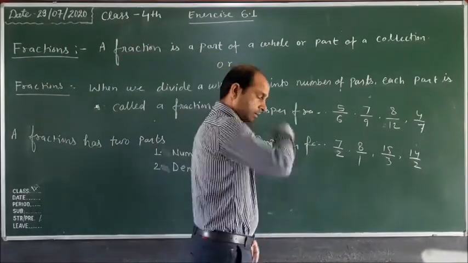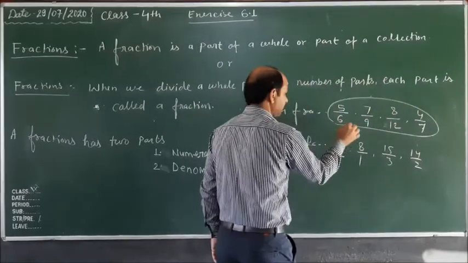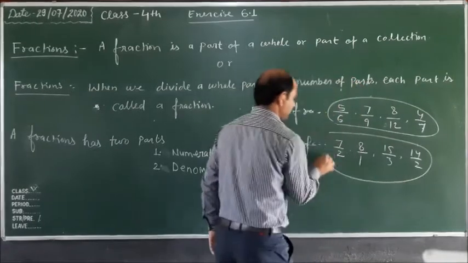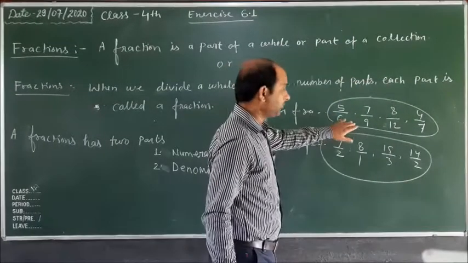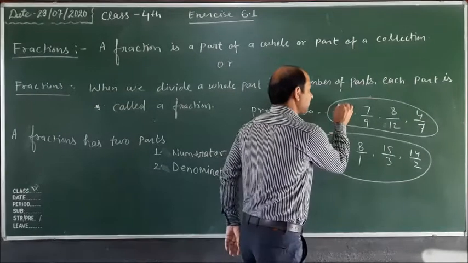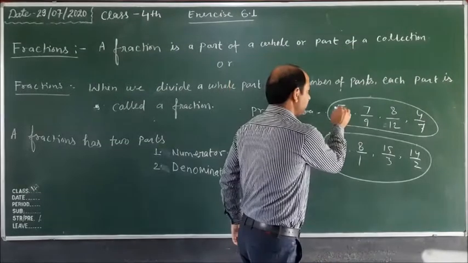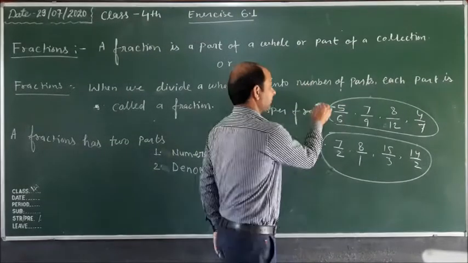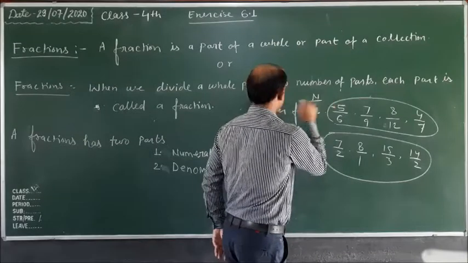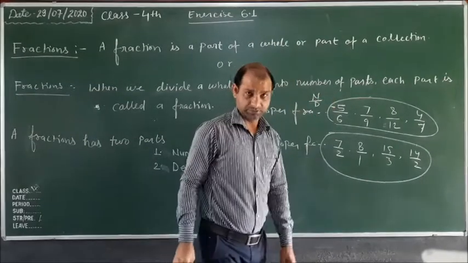Proper fraction and improper fraction, can you tell me what is the difference? Look here. Compare each fraction in this line and in this line. In this line, each fraction's numerator is less than the denominator. This is the numerator, just as I told you, numerator upon denominator.